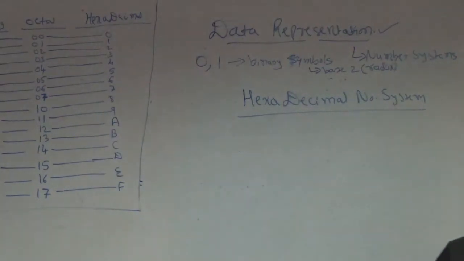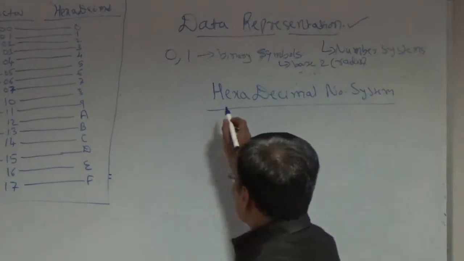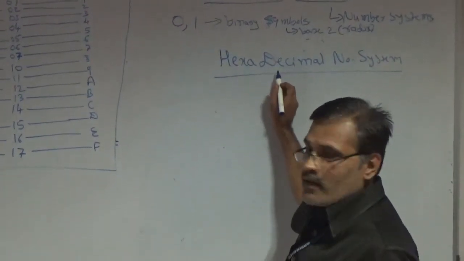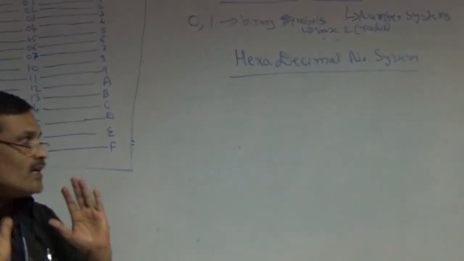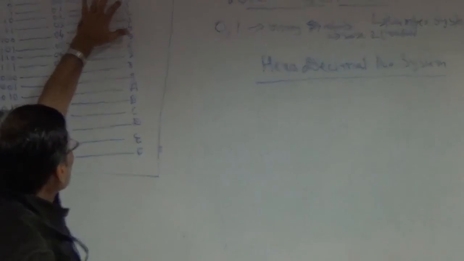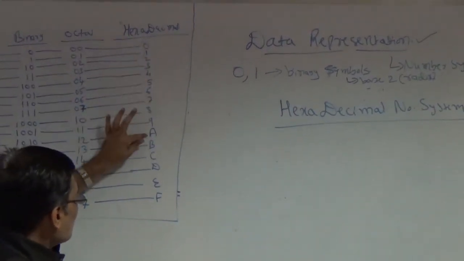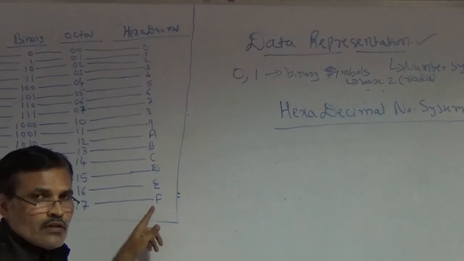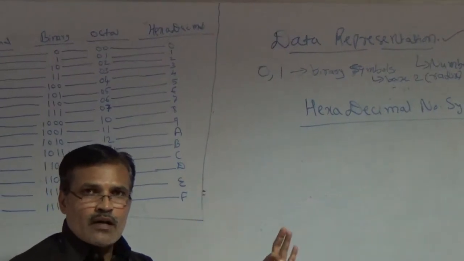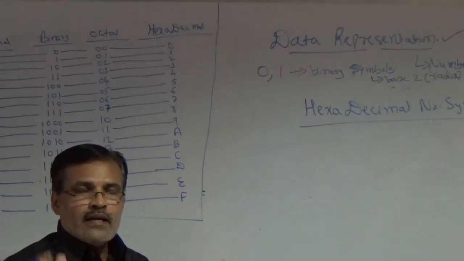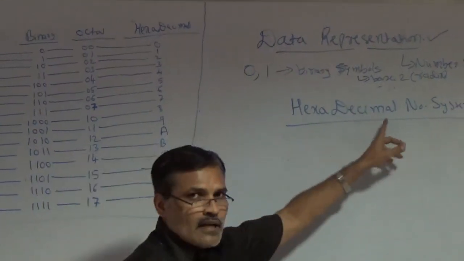The hexadecimal number system consists of 16 symbols. That's why the name is hexadecimal. Here any number is represented using 16 symbols, starting from 0 to 9 and then A to F. These are the 16 symbols used exclusively in the hexadecimal number system to represent any number. That's why the name is hexadecimal.